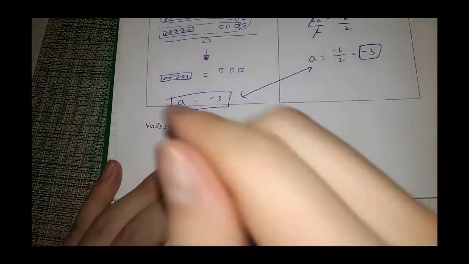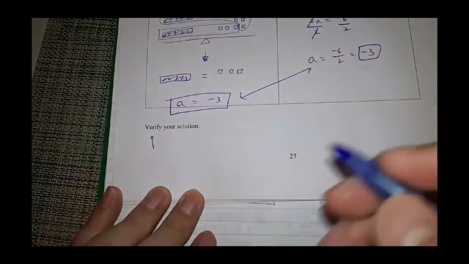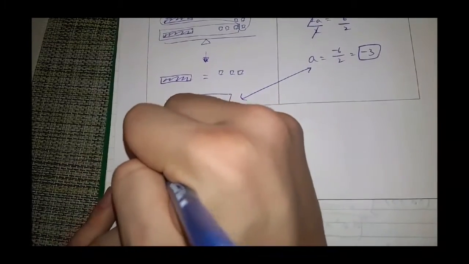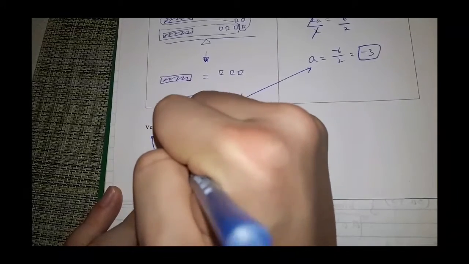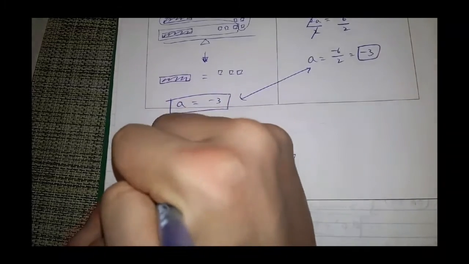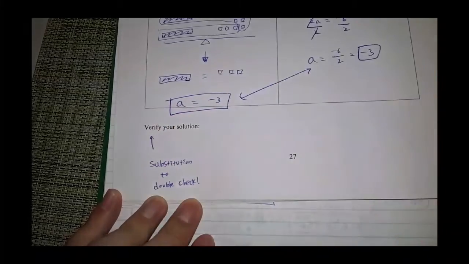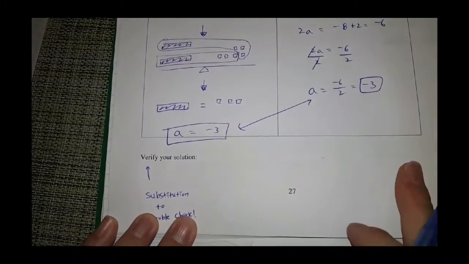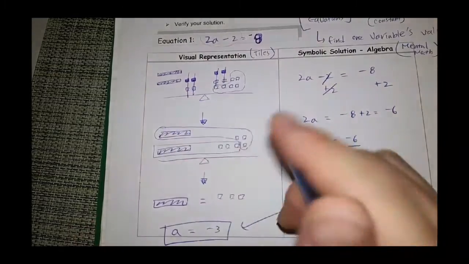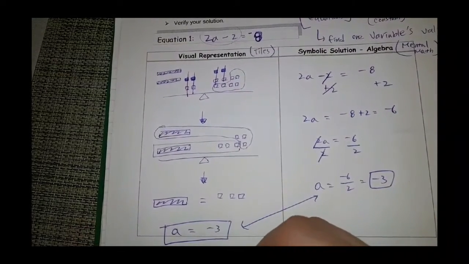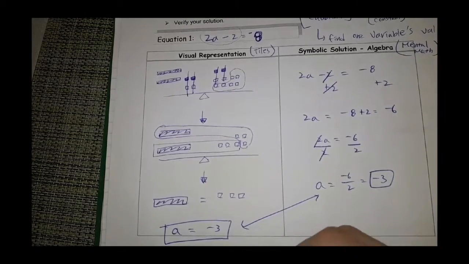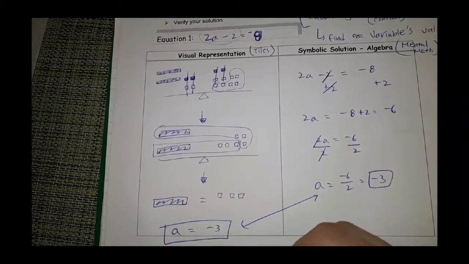Now, verification is a fancy way of saying, in case you forgot about it, we need to do substitution to double check. So a is equal to negative 3, we need to punch that number in here. So 2a minus 2 becomes 2 times negative 3 minus 2.